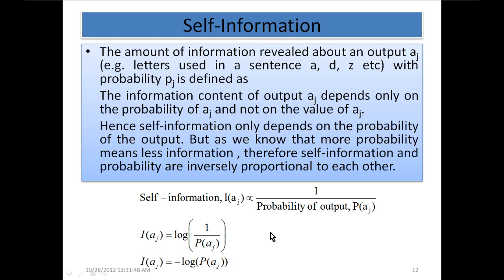The main concept over here, first of all, we have to know what is the information contained in each letter or in each symbol or code word which we are going to transmit. So first of all, we have to determine self-information, and this self-information only depends on the probability of the letter going to occur.